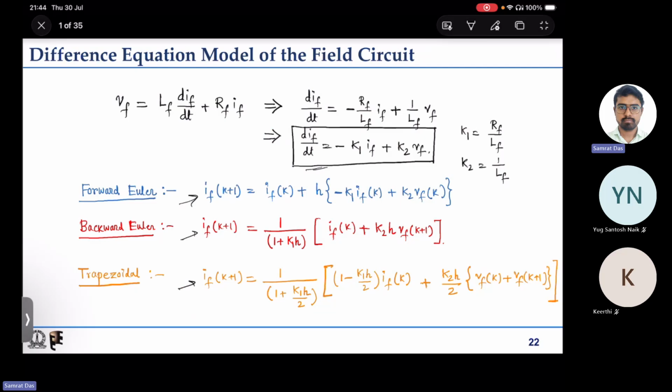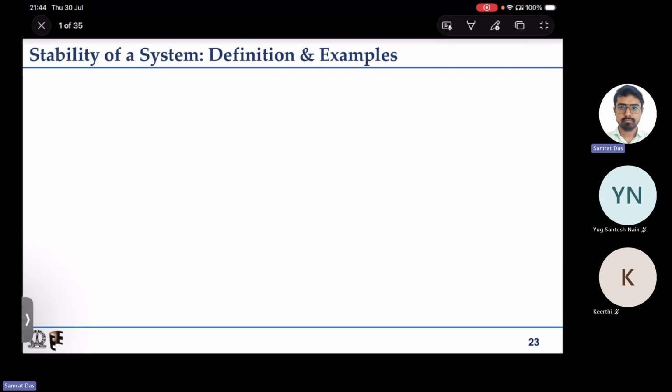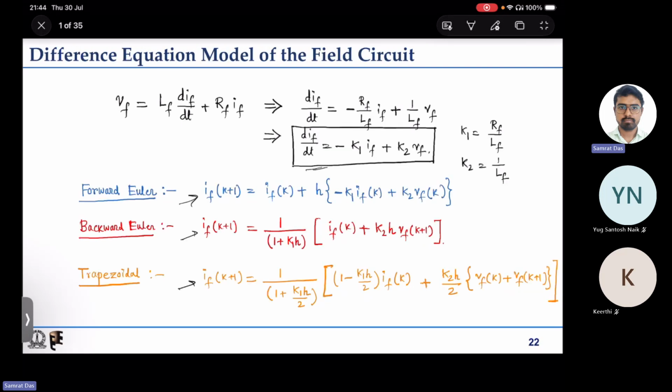Now the question is how to choose which method to use where, how to choose the time step h, and what is the impact of the time step on the solution. The basic thing is we have some system, and we are approximating the system differential equations using one of these methods, say forward Euler, backward Euler, or trapezoidal.